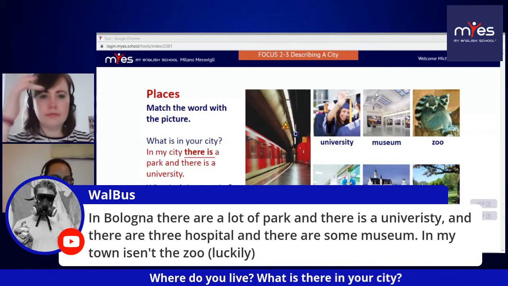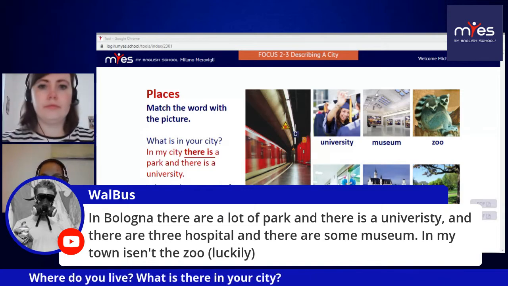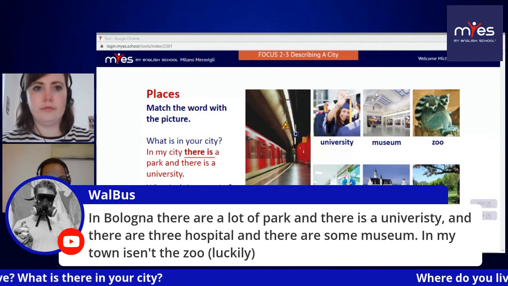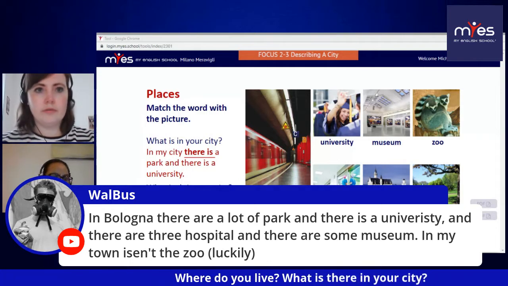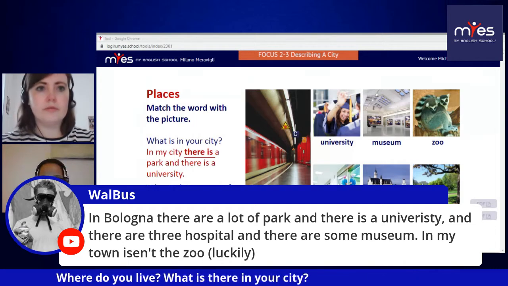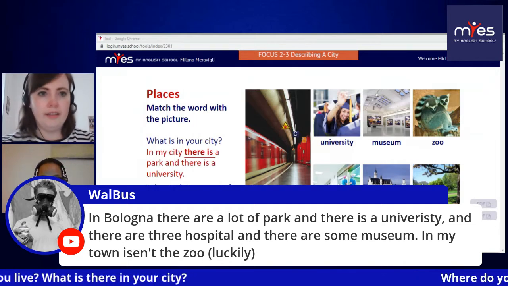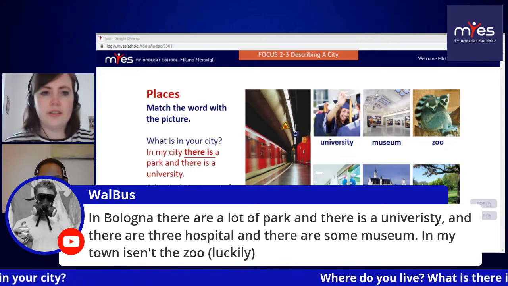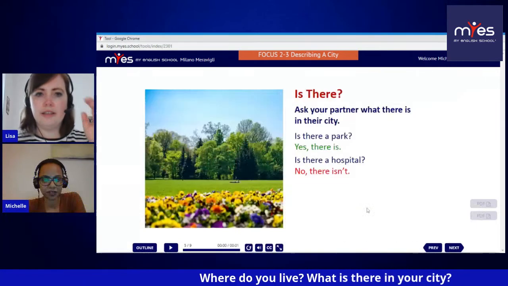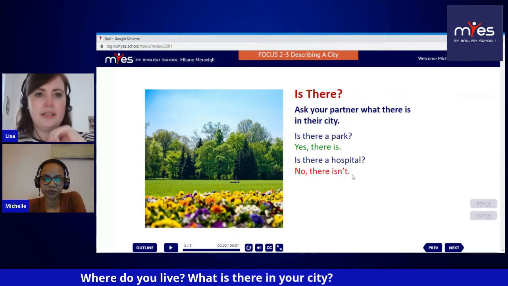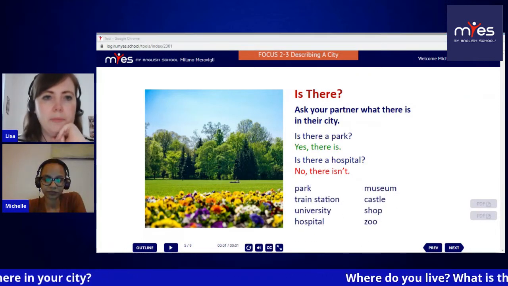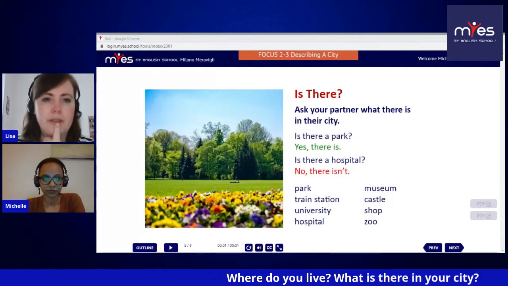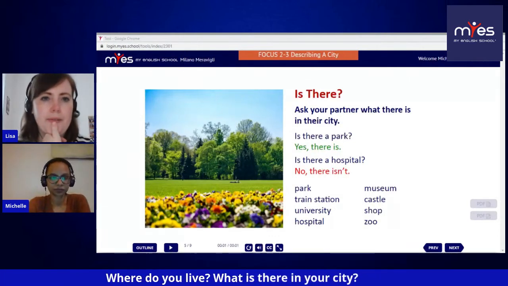Again, the S. In my town, there isn't the zoo. Okay, so in my town, there isn't a zoo. Fantastic. Good work, Walter. Really good. So just remember to put the S. It's just a habit to add the S when you're talking about multiples, so more than one with plurals.